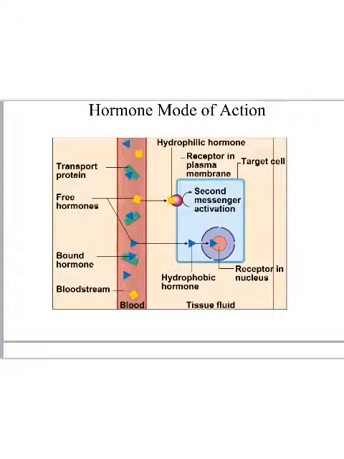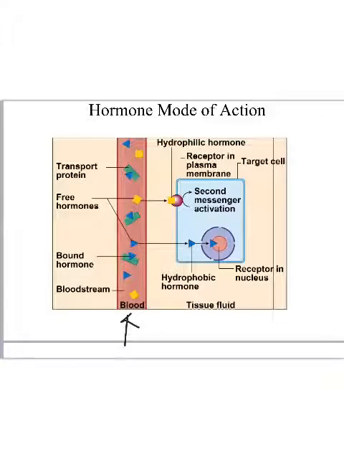Okay, so here's examples of two different kinds of proteins. This is, I think, a pretty simple diagram, I hope. So here's blood, here's the tissue fluid, here's the cell, and here's the nucleus.